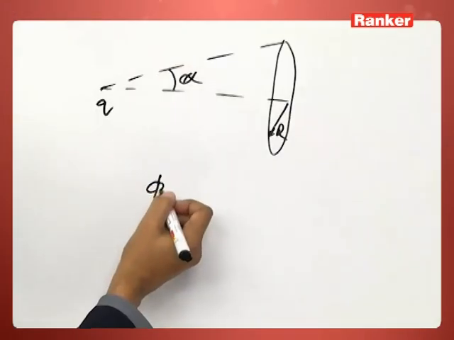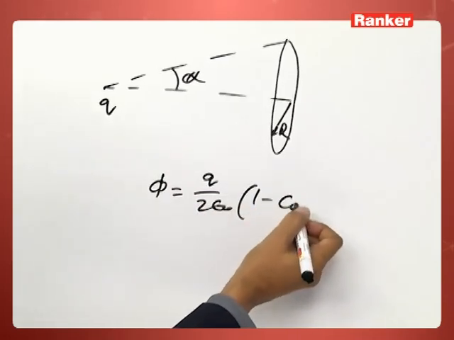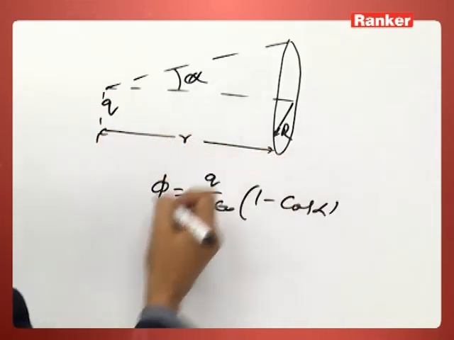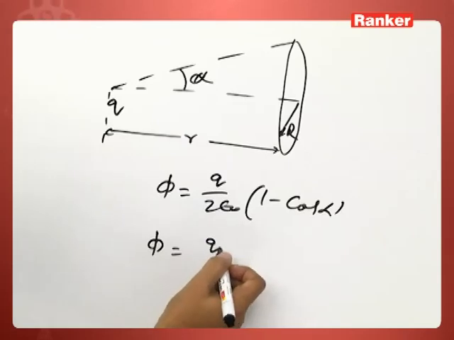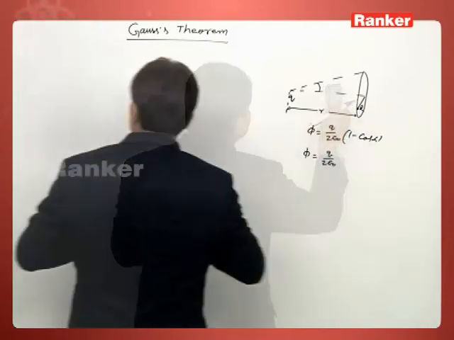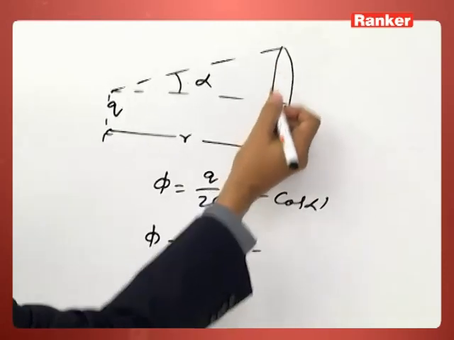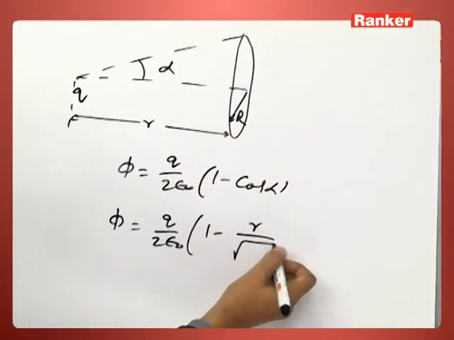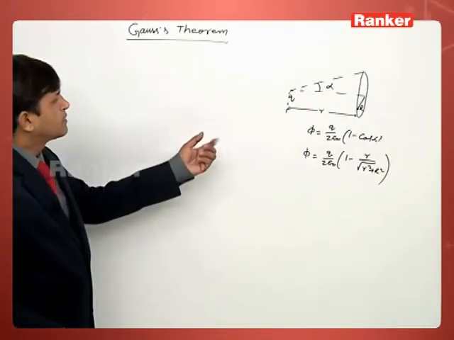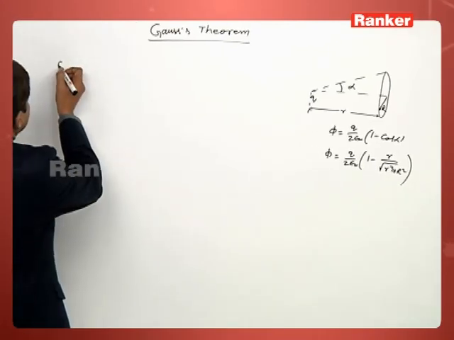So the flux through this ring is given as q by 2 epsilon naught, 1 minus cos alpha, and in terms of position we can put the value of cos alpha as r by root over R square plus r square. See how this relation can be used in different questions here. See example number 1.